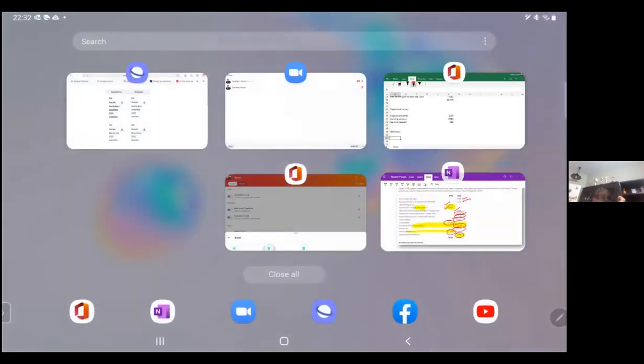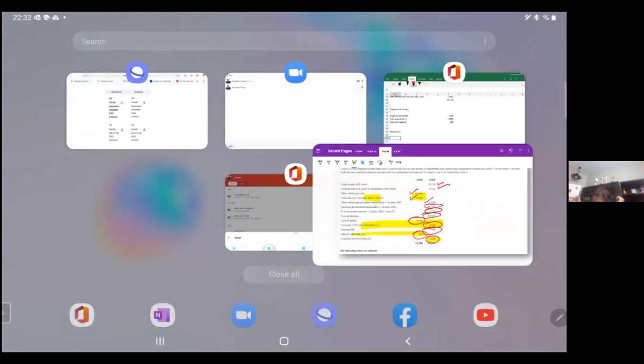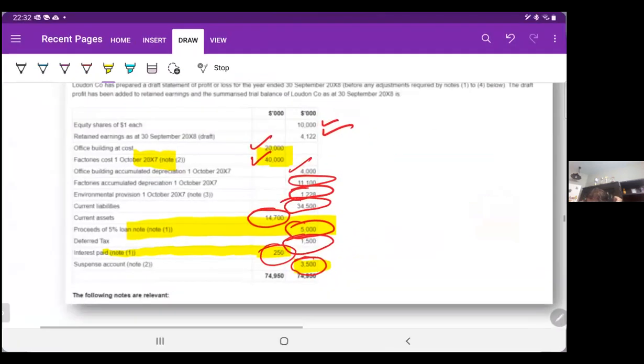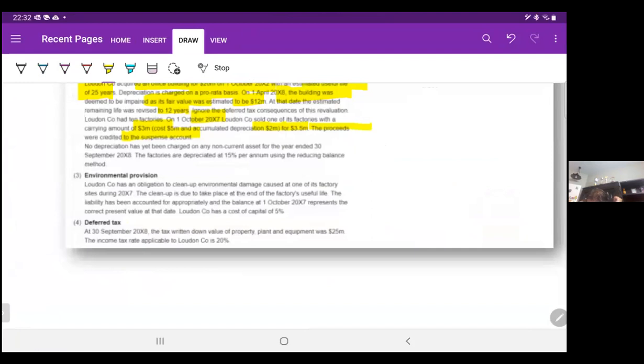Let's move back to the question. Working three. Loden company has an obligation to clean up environmental damage caused at one of its factory sites during 2007. The cleanup is due to take place at the end of the factory useful life. The liability has been accounted for appropriately, and the balance at 1st October 2007 presents the correct present value at the date. The company has a cost of capital of percent.